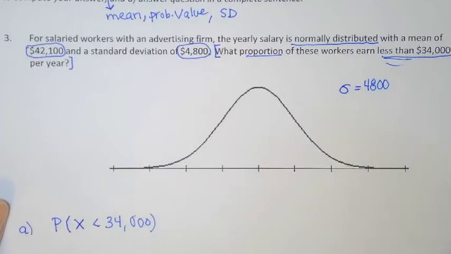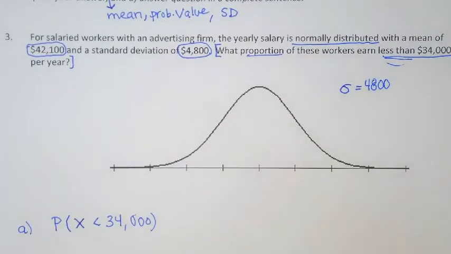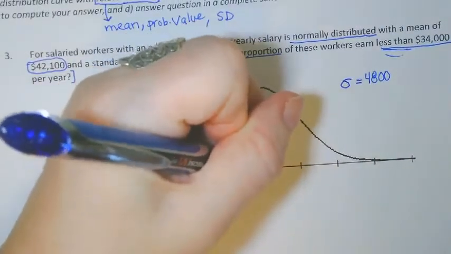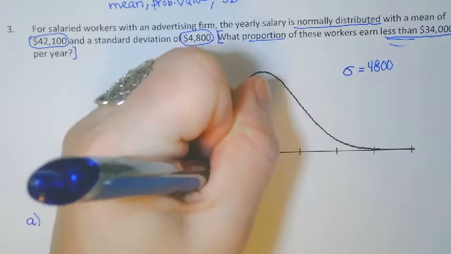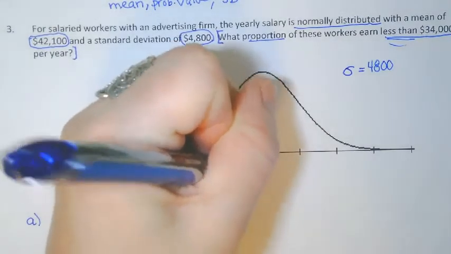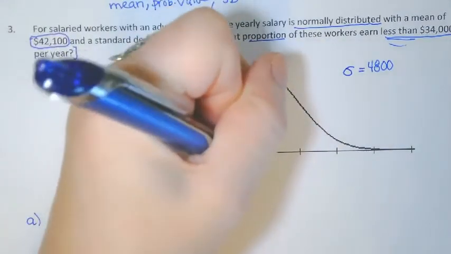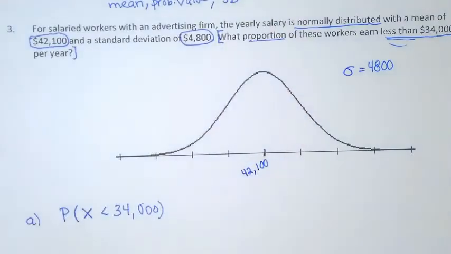Here they said the mean was $42,100. The mean always goes in the middle. I'm going to write it a little sideways because the numbers are longer, just so I have more room. So our mean is 42,100.